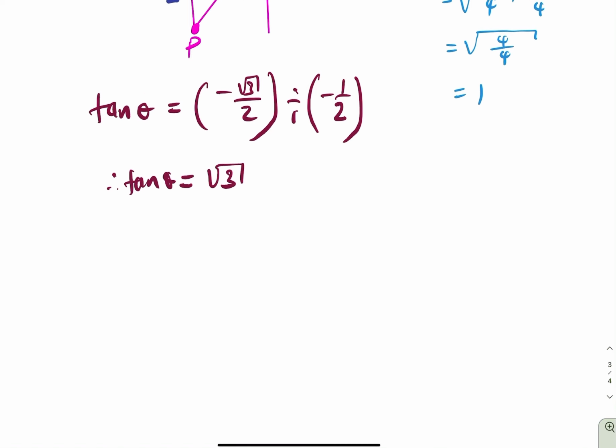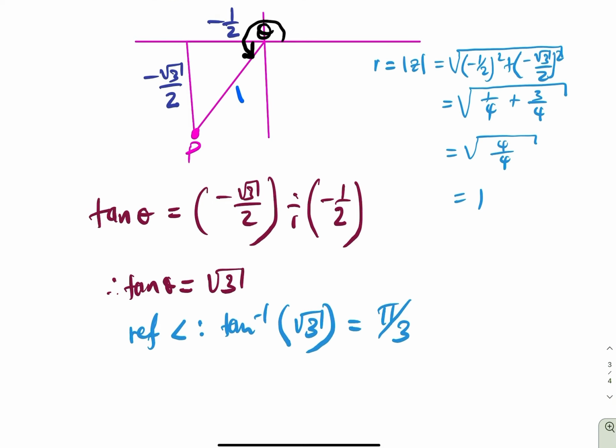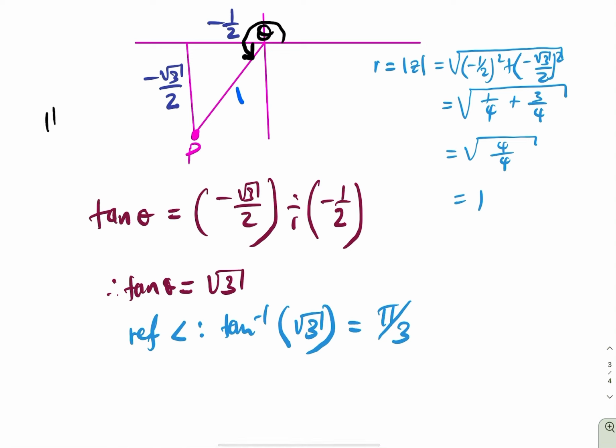So you just need to get your reference angle. Your reference angle is primarily going to be the arctangent of root 3. That is going to give you a beautiful pi over 3 if you type it in your calculator. This will be easy now, since you are in the third quadrant. Remember, in the third quadrant, you have pi plus the reference angle.